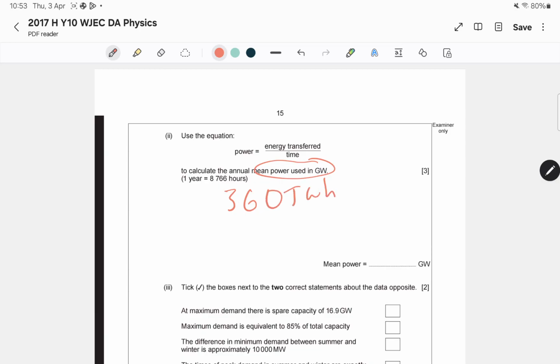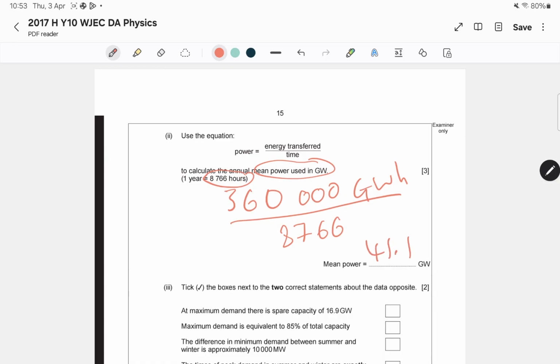A tera to a giga, I'm going to change that over. So that's 360 gigawatts. Divided by the time, we want the time in hours. 8766. And if we divide those numbers, we get 41.1. This is hard.